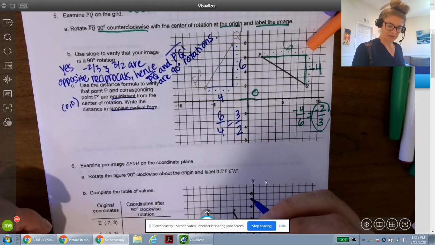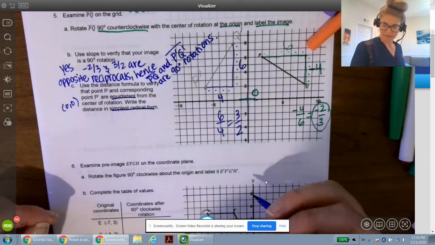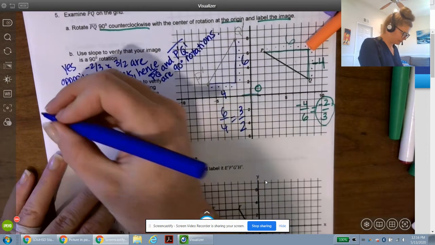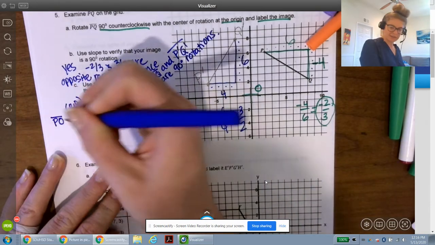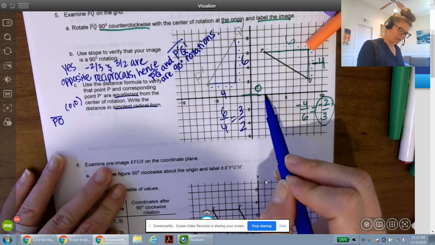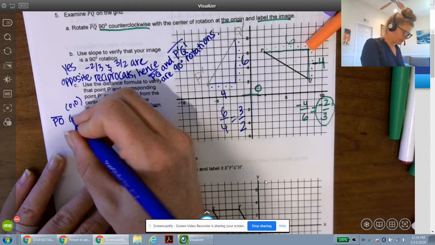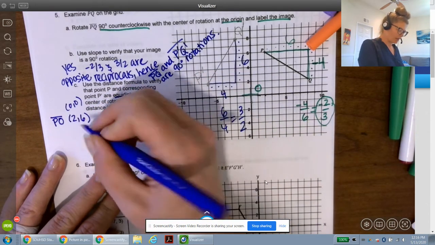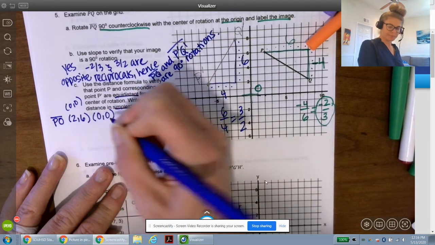So let's take a look at PO. So segment PO, point P is 2, 6. And the origin O is 0, 0.